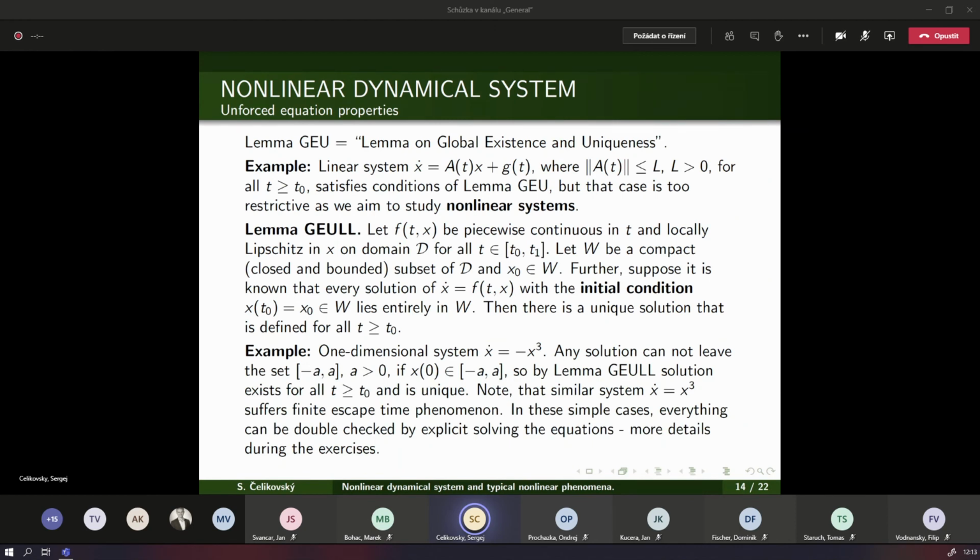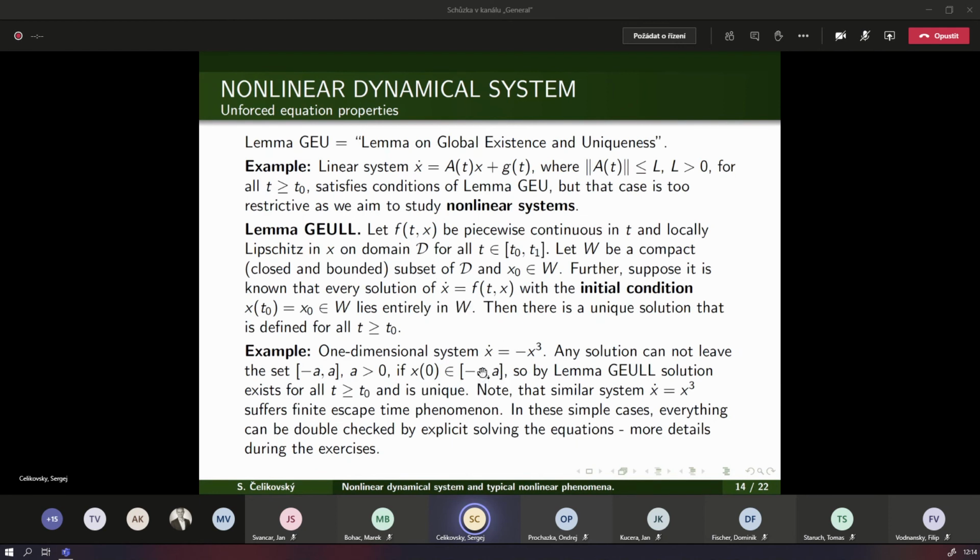So on an unbounded state space, it cannot be globally Lipschitz. But because of the minus sign here, we can conclude that certain sets cannot be left. Suppose that we have some interval [-a, a] with a greater than 0, and suppose we start the initial condition in this interval. Then you may apply this lemma. Why?